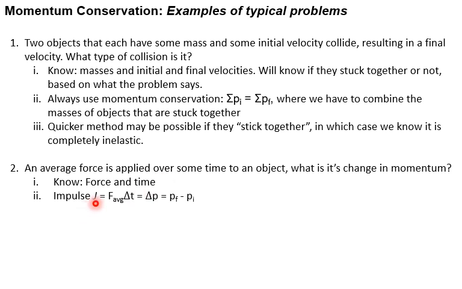Recall that the impulse, J, is defined as the average force times the elapsed time over which that force is applied to an object. This impulse is also equal to the change in momentum, so the final momentum minus the initial momentum. And so then you can go ahead and use this to figure out what the change in momentum is. If you're given the initial velocity, you can figure out what the final velocity is, and things along those lines.